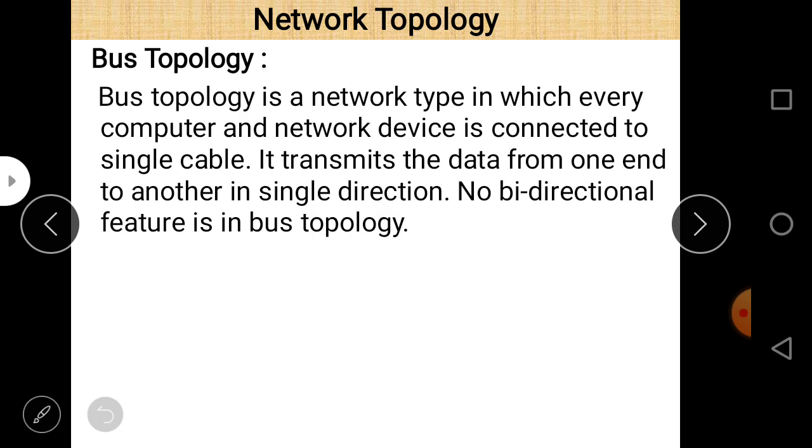First of all, bus topology. It is the simplest and oldest topology. Bus topology is a network type in which every computer and network device is connected to a single cable.